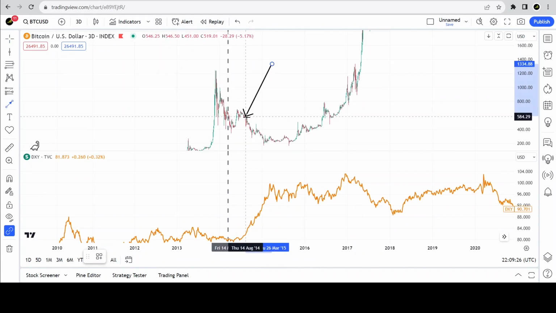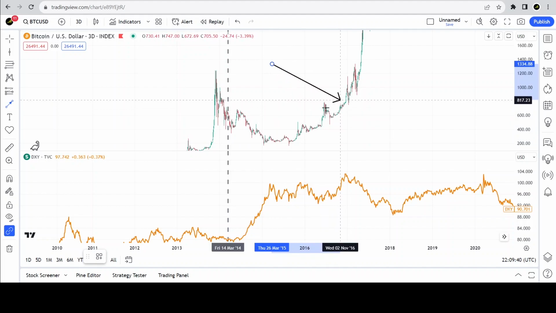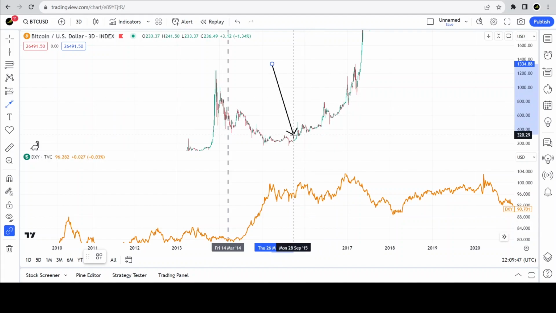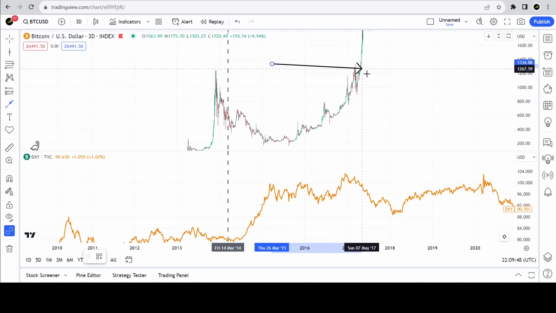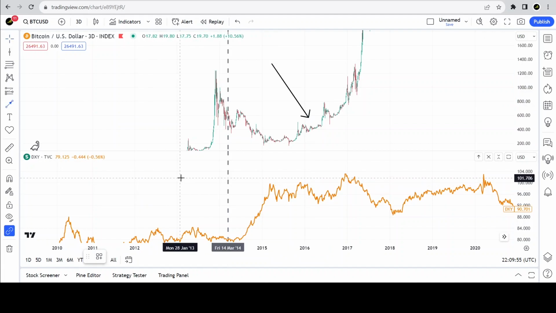Okay, so here is that 2013 decline. Actually, it starts in 2013, but it goes all the way to 2015 before it really begins its move back up. So a lot of this takes place in 2016, 2017. So it is this fractal that I am saying is very relevant to today's structure. Now, let's look at the DXY.